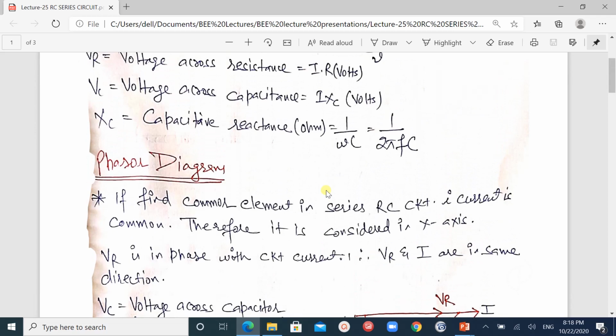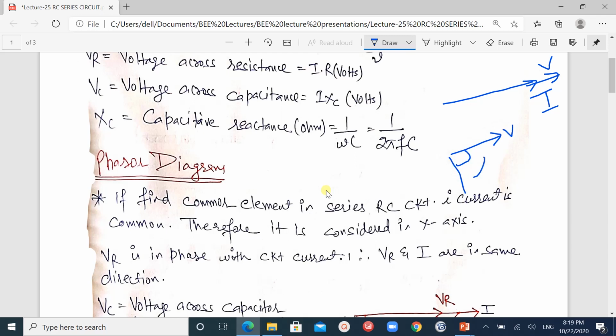So if I draw the response, for the resistance, the current I is in phase with the voltage V. In terms of capacitance, the current is leading the voltage by 90 degree.